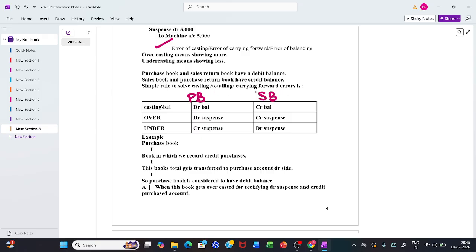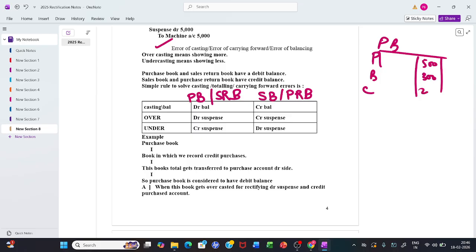Then we have purchase return book and we have sales return book. Purchase book has debit balance, sales return also has debit balance, whereas sales and purchase return book have credit balance.